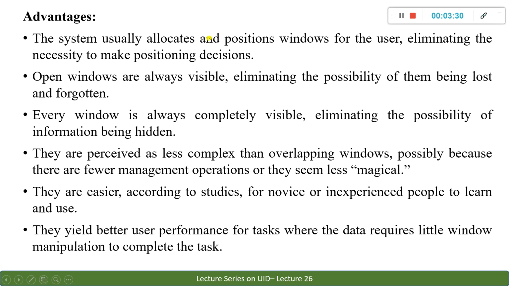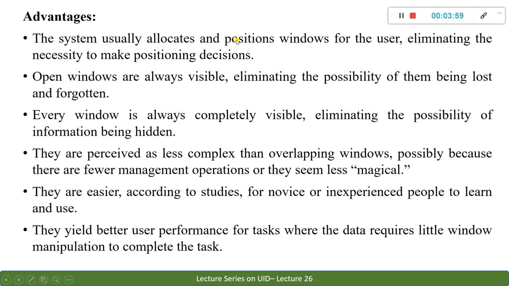Let us go through some of the advantages of having such a tiled window. The first advantage is that the system usually allocates and positions windows for the user, eliminating the necessity to make positioning decisions. Usually the operating system itself will position where that particular tile of that window must be.